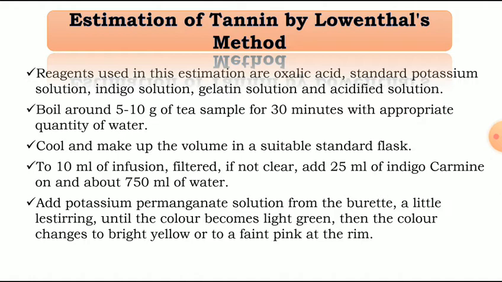Add a little at a time until the color becomes light green, then the color changes to bright yellow or to a faint pink at the rim. That means at the rim of the conical flask we are going to see a faint pink color.